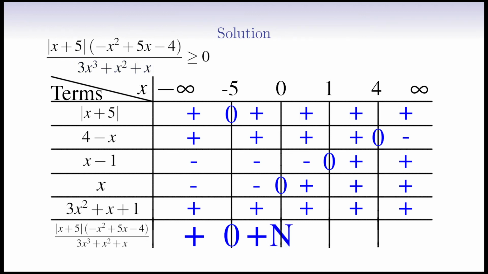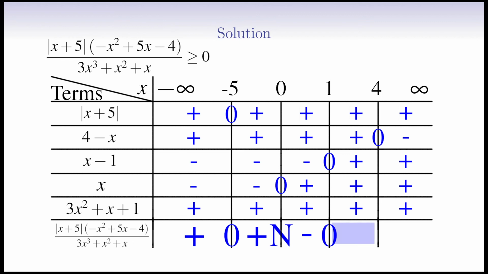From 0 to 1, we see only one minus sign in the corresponding column, so the result is negative. At x equal to 1, a term in the numerator of the fraction is 0, thus the whole fraction becomes 0. So, we put a 0 at x equal to 1, for the whole fraction here.